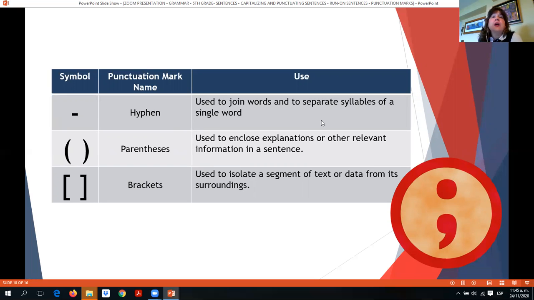And in math, to write the word name of numbers like 21, 22, 23. Remember, they all have hyphen. Parentheses are used to enclose explanations or other relevant information in a sentence. And brackets are used to isolate a segment of text or data from its surroundings, something like a comment, okay?